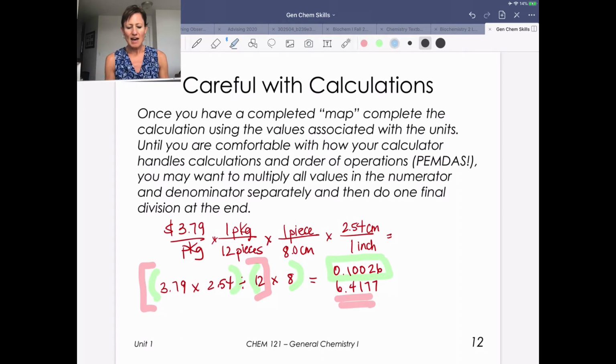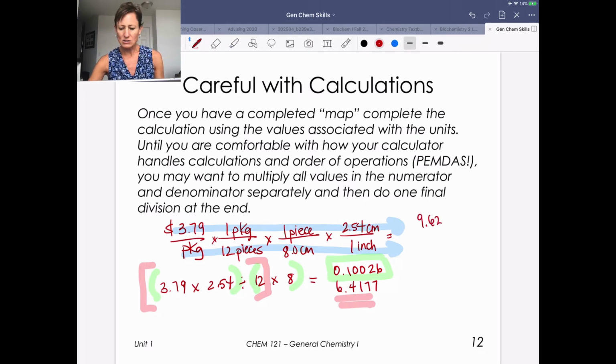And one of the things that I'll highlight for you to do is, if you're not certain, and especially early on, you can always multiply everything in the numerator and get an answer, which in this case would be 9.6266, and then multiply everything in the denominator and get an answer, and that would be 96. Then do that simple division, and that will get you to the correct answer.